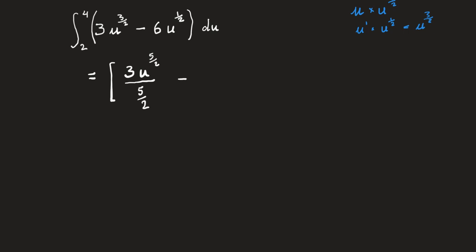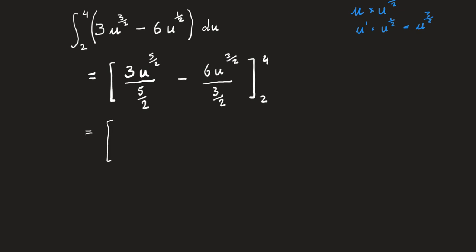And the second part, we have 6u, raise the power by 1, and we'll get 3 on 2. And now we'll divide it by 3 on 2. And we close the brackets and use the limits here.